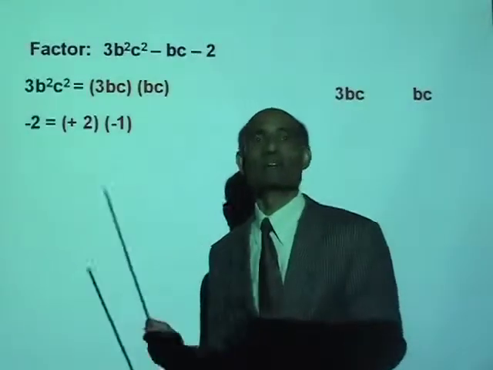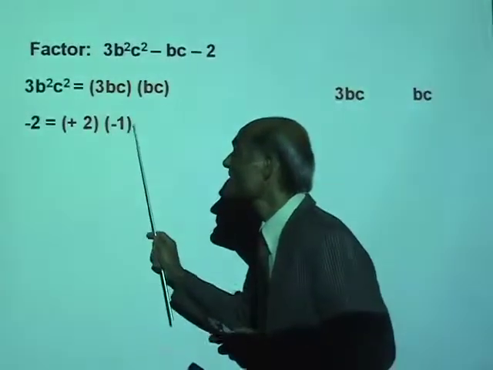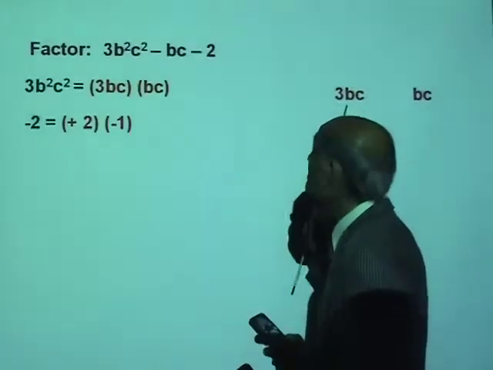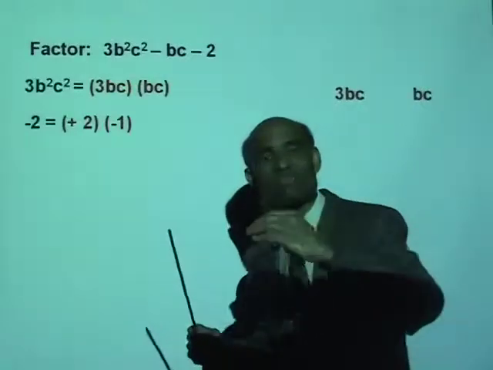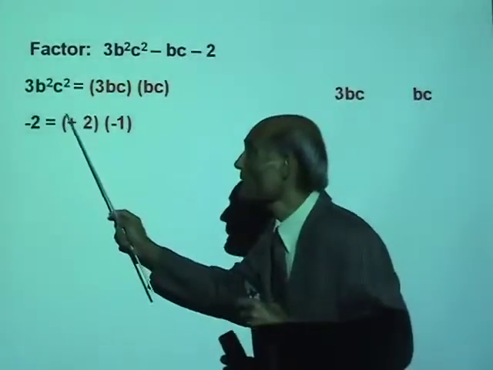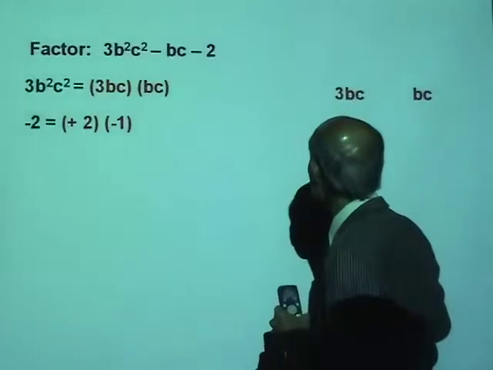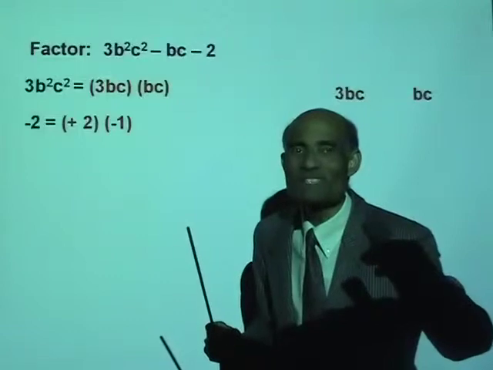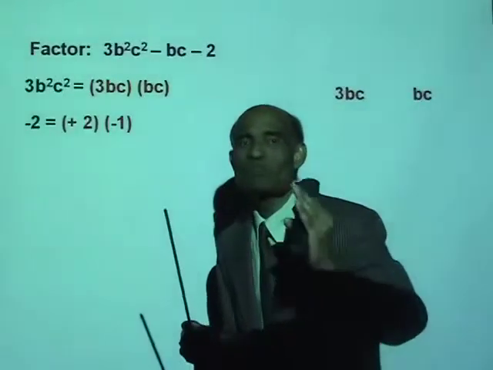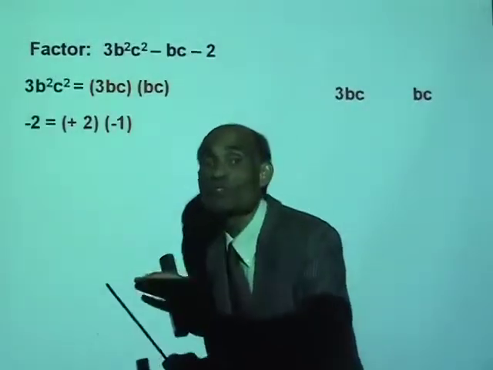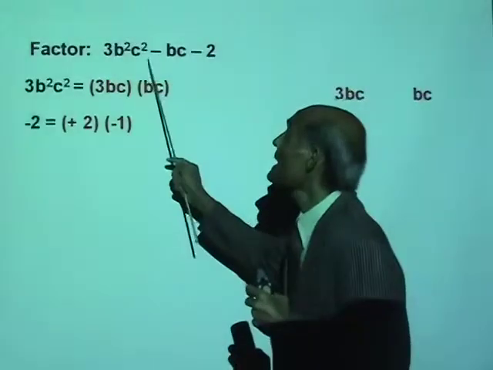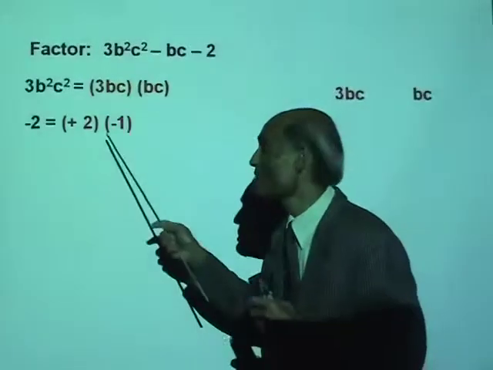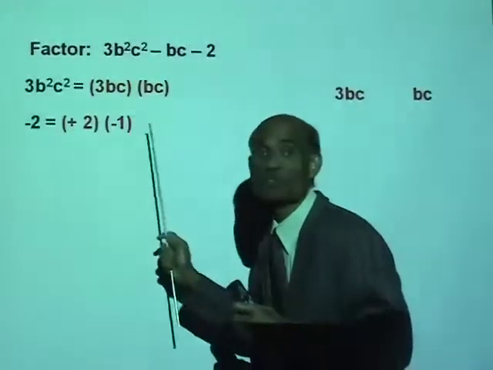Why did I do that? So that I will place this negative 1 so that it will multiply with this 3bc, giving me negative 3bc. And I will place this 2 so that it will multiply with this bc, giving me a positive 2bc. You see, negative 3bc added to positive 2bc will give me a negative bc. Did you understand that? So, where do I place this positive 2?